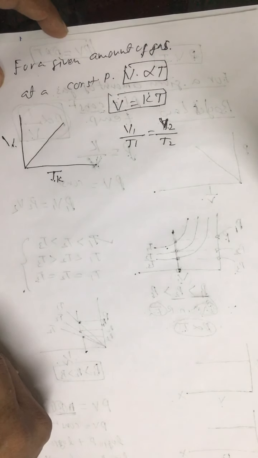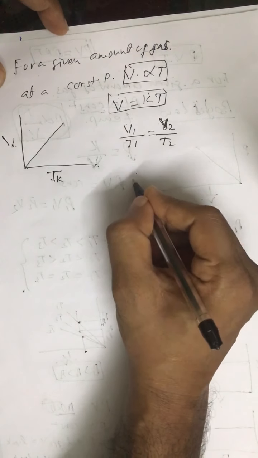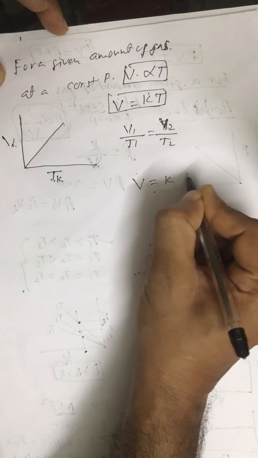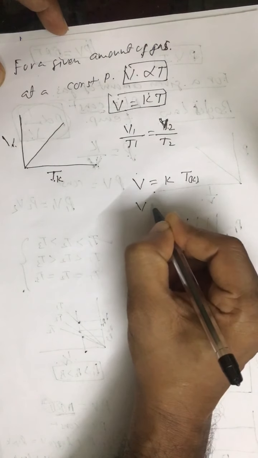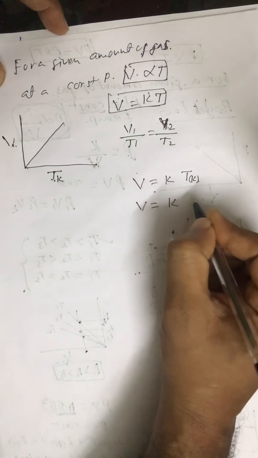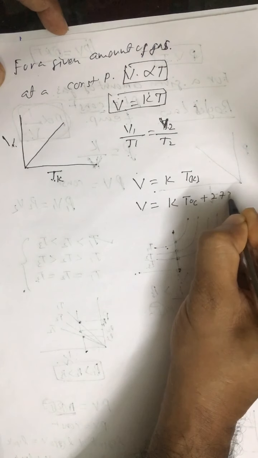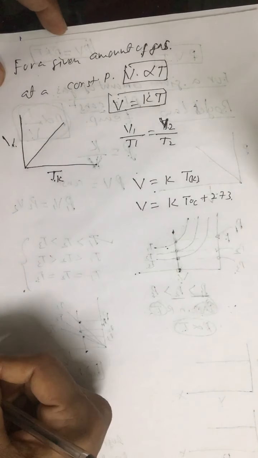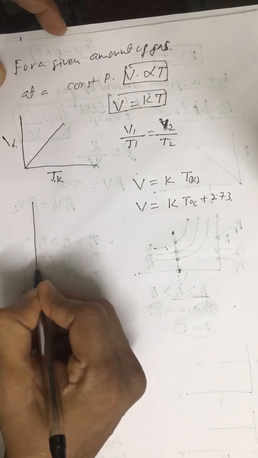Now if you want to convert it to degrees Celsius, you will get V is equal to K into T in degrees Celsius plus 273. That means now you get some value of intercept.